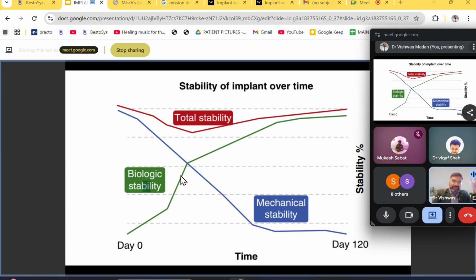You have placed the implant, you have got excellent primary stability. Then you send the patient home. The patient comes back to you after a vacation, after 15 days, on the 26th of November and asks you, Doctor, I ate something and I feel my implant may be loose. Can you just check?